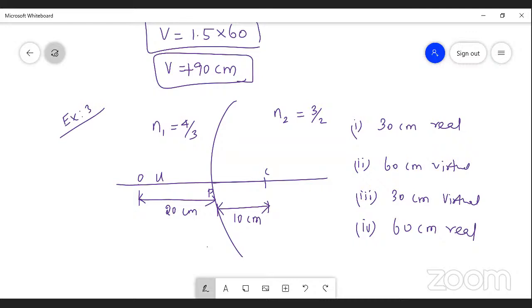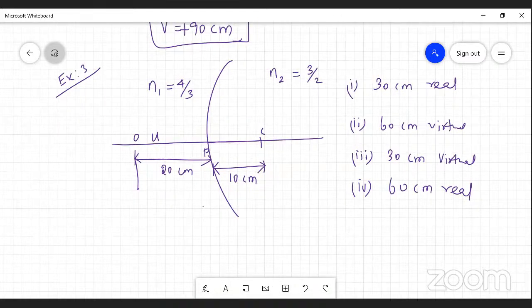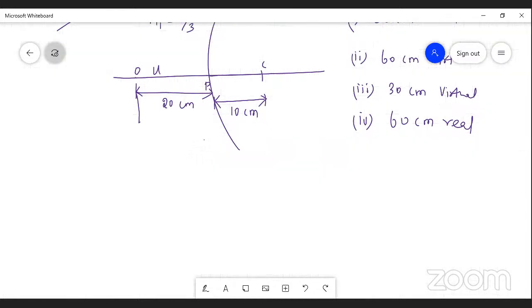Very good. See, what is the formula? The formula N2 divided by V. 30 centimeter. Okay. Now, first of all, what is the N2 value?